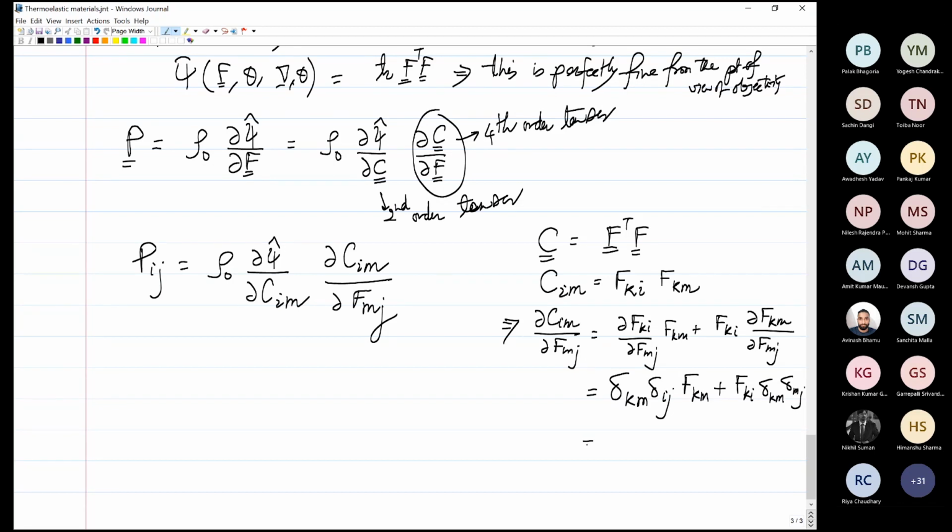Okay, but then this you can also write it as delta km into Fkm, so you have summation over m, or you think of it as a summation over k, then what does this become? Anyone? Okay, I think we are making some mistake here. Can someone tell me what's the mistake?